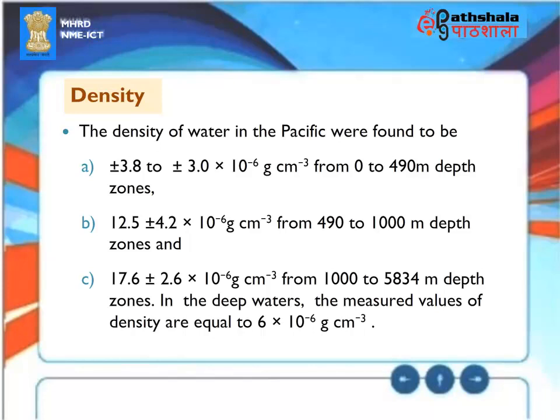In the deep waters, the measured values of density are equal to 6 × 10^-6 g cm^-3.